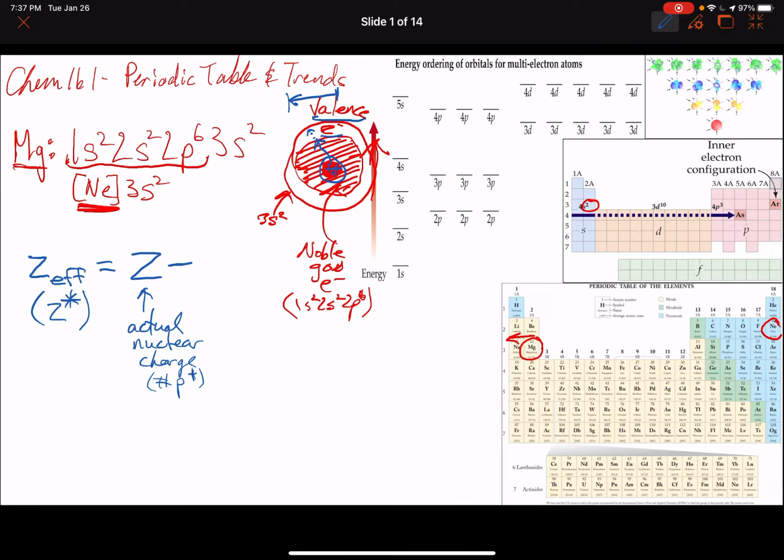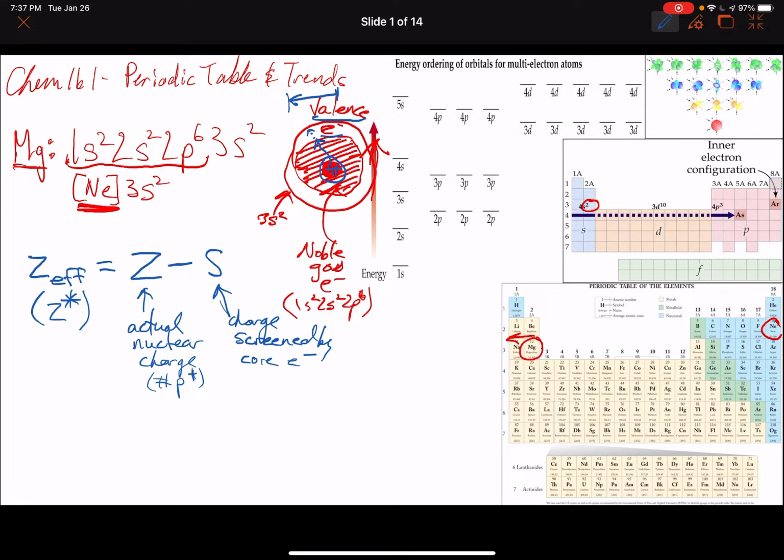That part is easy, but we want to take something away from this. We're going to take away S, which represents the screening of certain charges here. We're going to call this charge screened by core electrons.